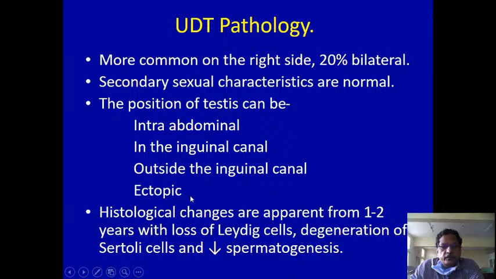So that's the location where it is ectopically present, sometimes in the subcutaneous area. It can also reach the femoral triangle by the thigh, or sometimes it is present at the root of the scrotum or even the perineum, though they are very, very rare. So these are all the positions where undescended testes and ectopic testes can be found.